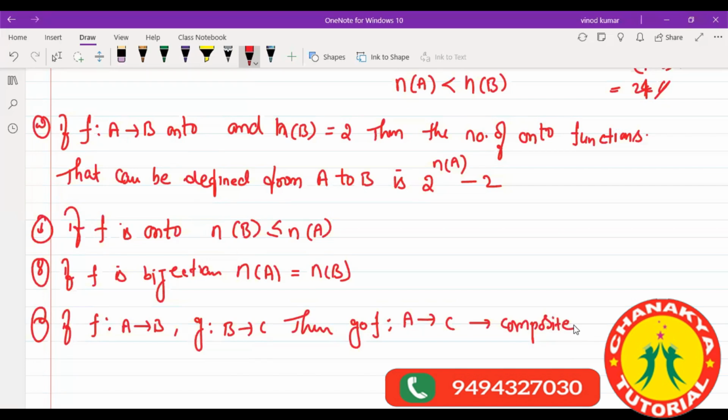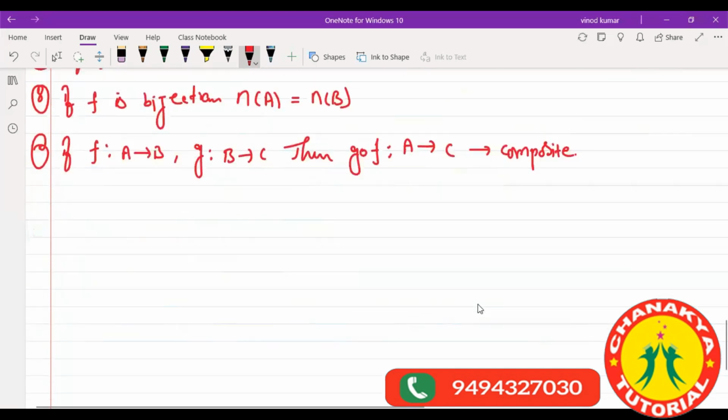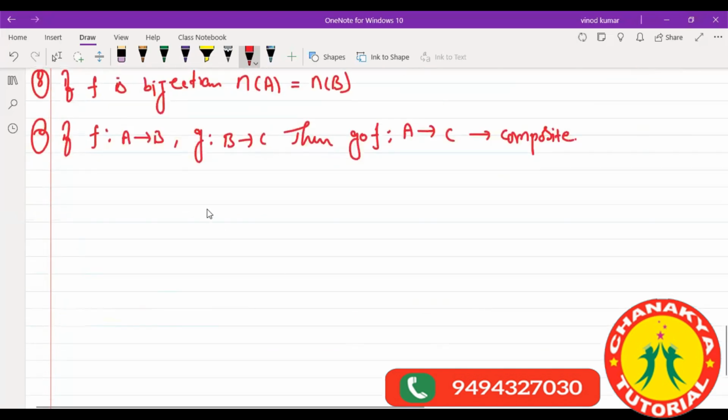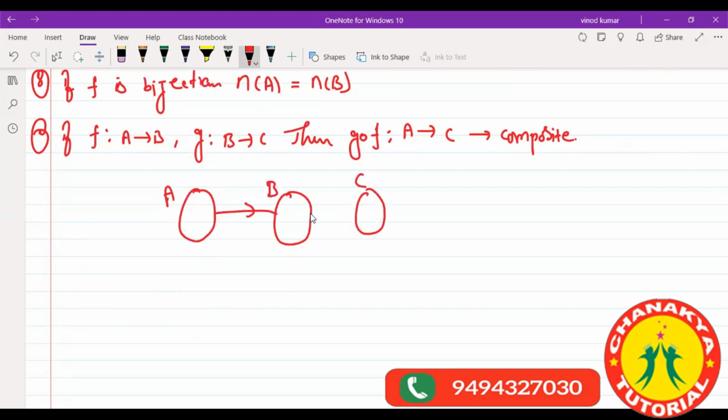Composite function is very, very important. Questions will come from this. Suppose this is set A, this is set B, this is set C. There is a function f and here g. Now from A to C, the function g circle f. This is a composite function.